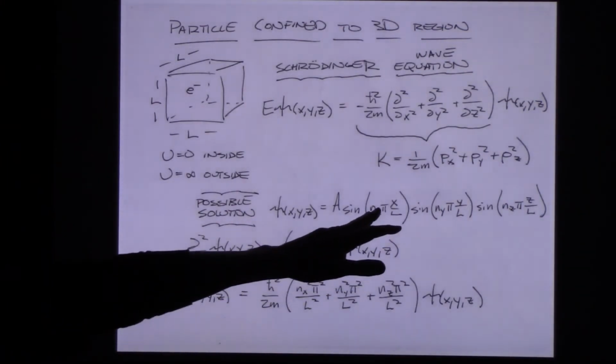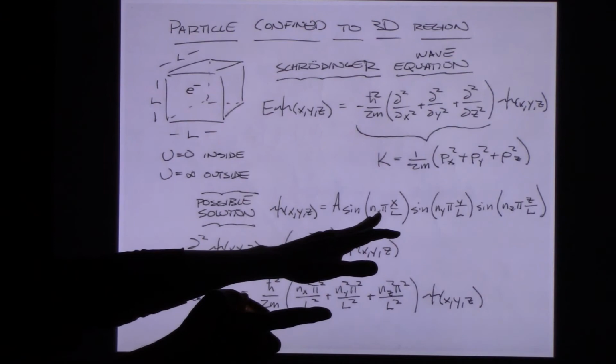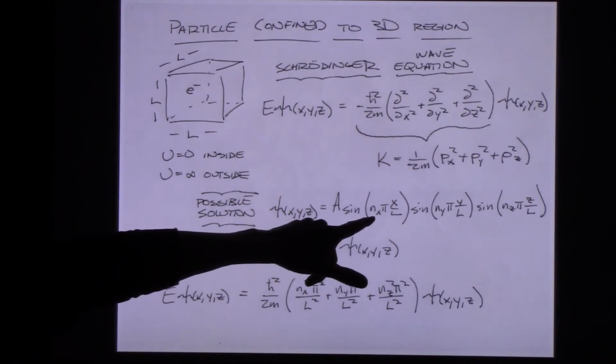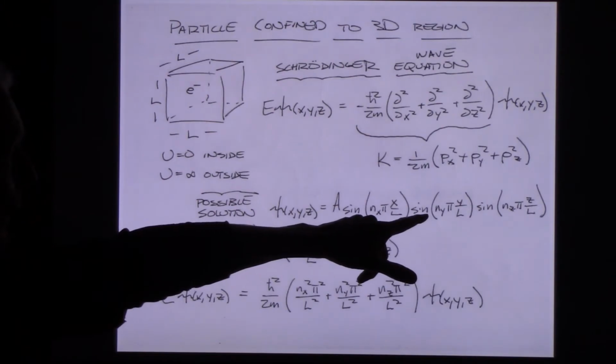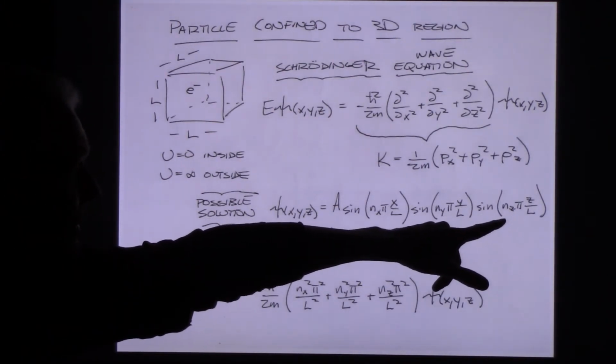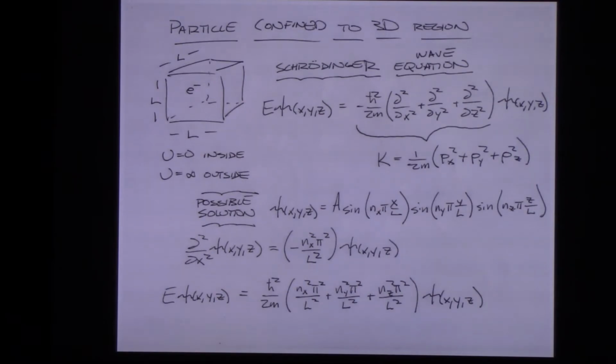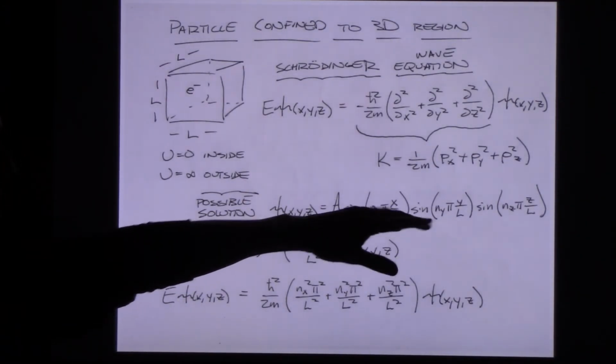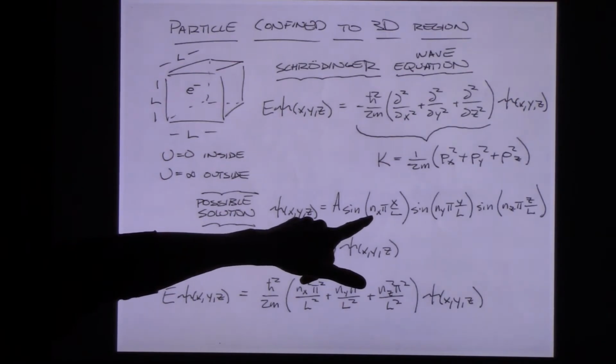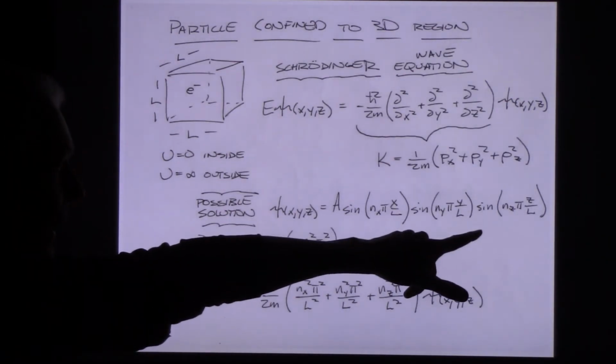Now, to meet the boundary conditions on the other side, I've put in nx times pi, ny times pi, and nz times pi, so that each individual sine function will go to 0 whenever x equals L, or y equals L, or z equals L. So all those boundary conditions have all been met by defining quantum numbers nx, ny, and nz.